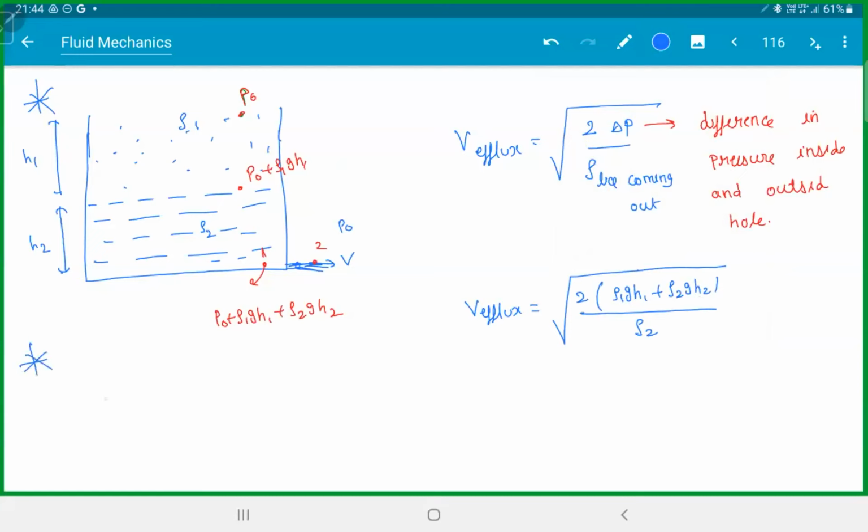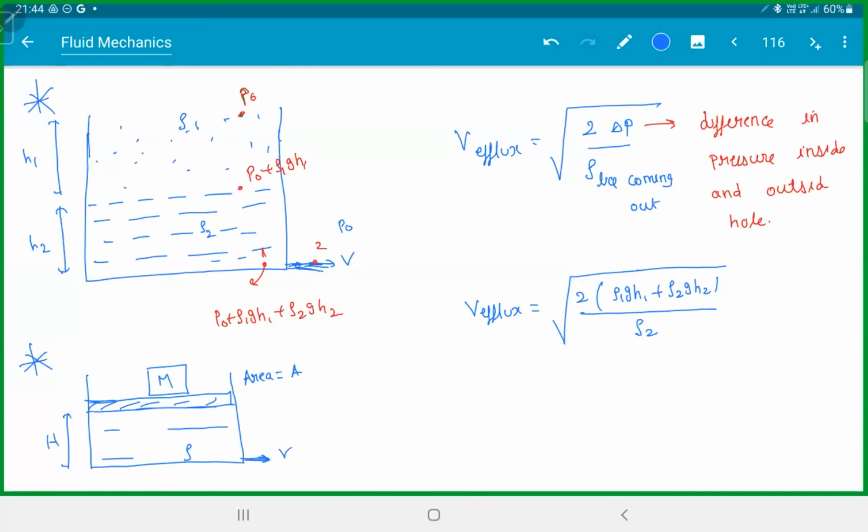The same question I could have asked you like this also. You have a container filled with liquid here. Someone kept a piston here, mass M and area A, and this is rho, and this is height H. And the liquid is coming out. Again, see, same logic here. What is the pressure here? P naught plus the weight by area. What is the pressure here?